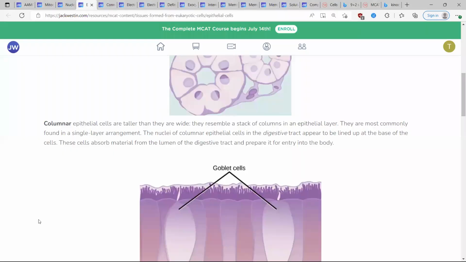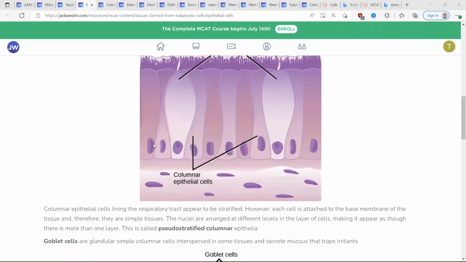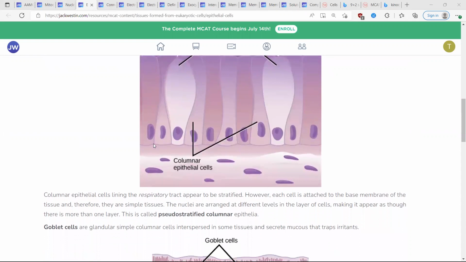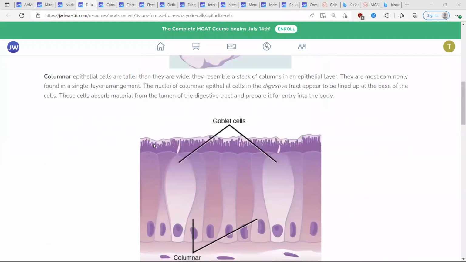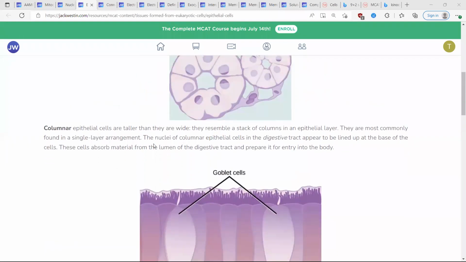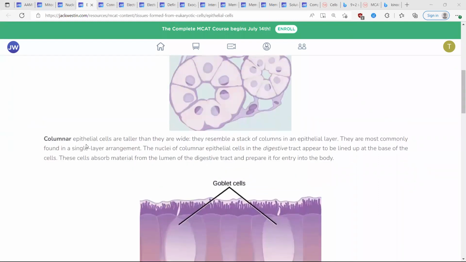So now we're getting more into the anatomy side of the MCAT, where you're being able to identify certain anatomical traits and where you might find them, what value they have, what they do, etc. For example, columnar epithelial cells in the digestive tract absorb material from the lumen and prepare it for entry into the body.